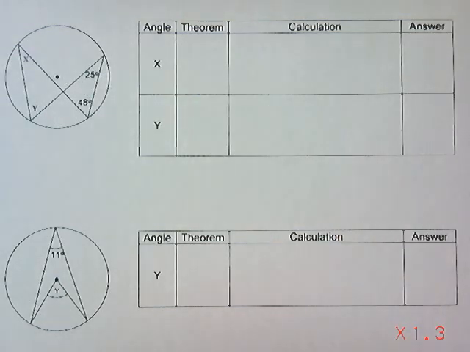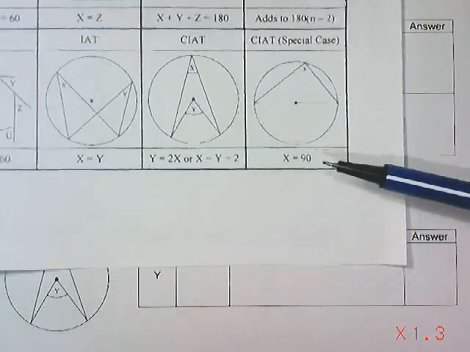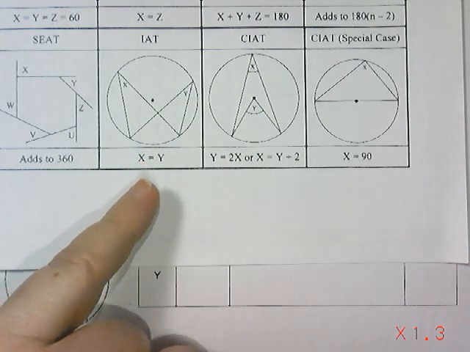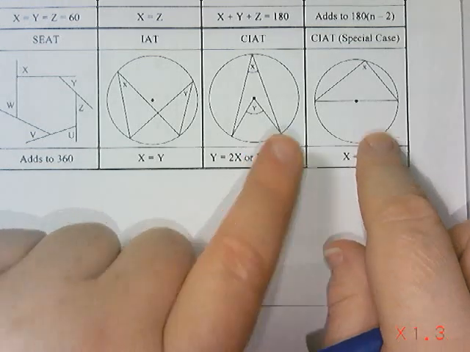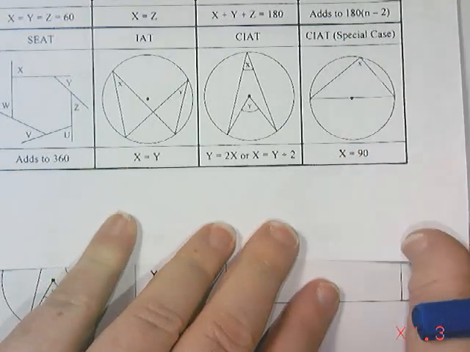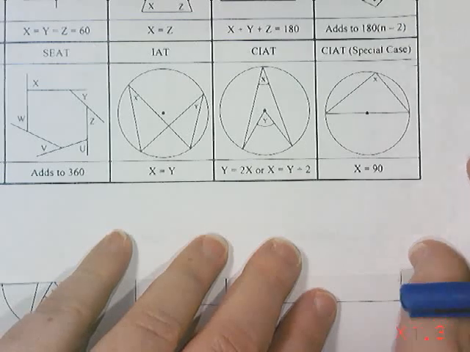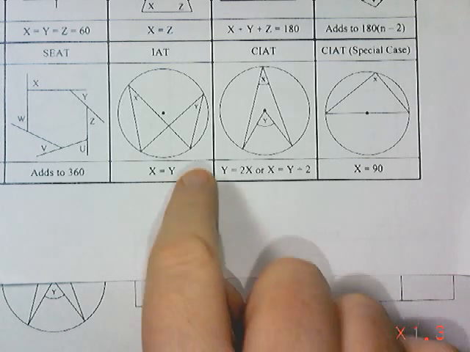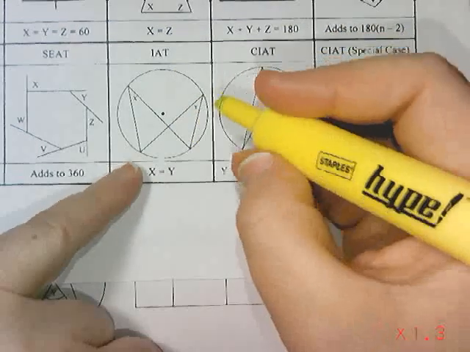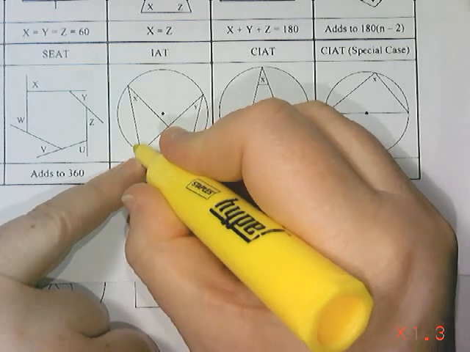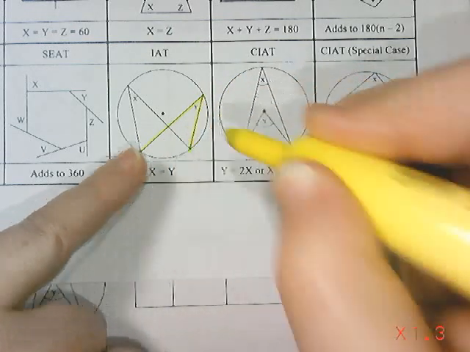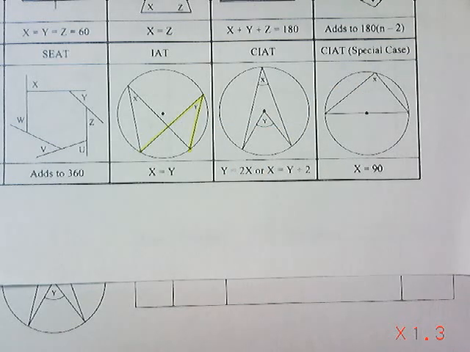So on my formula sheet, there are 3 different circle theorems that we learned. And actually, 2 of them are the same theorem, just one of them is a special case. So inscribed angles are angles that are drawn from the same 2 points. An inscribed angle goes from a point on the circle to another point on the circle, and then to a third point on the circle.